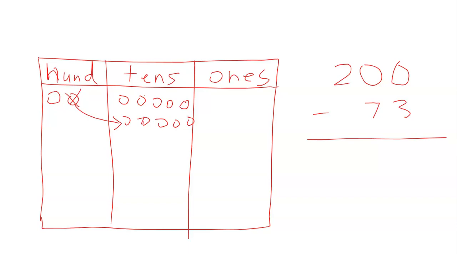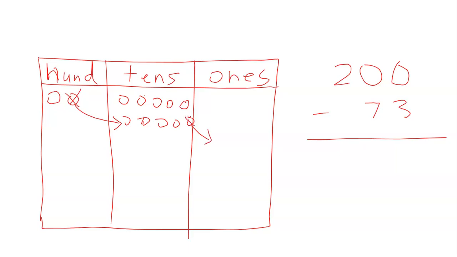Okay, so let's go back to the ones place now. I still need to subtract 3 ones, but I don't have any ones. So now I can go to the tens place. Can I take one of those tens and unbundle it? I sure can. So let's go ahead and do that.